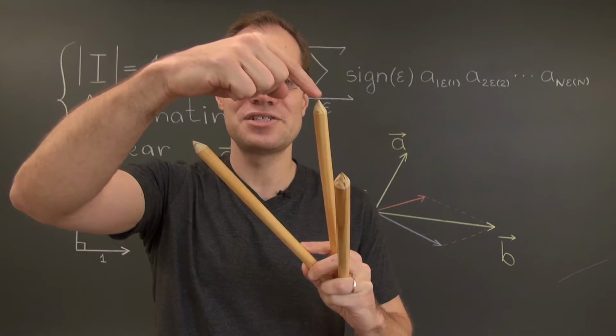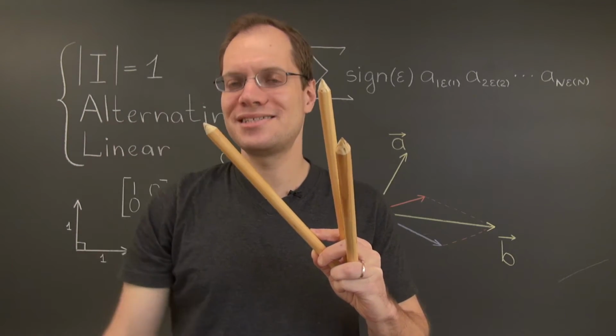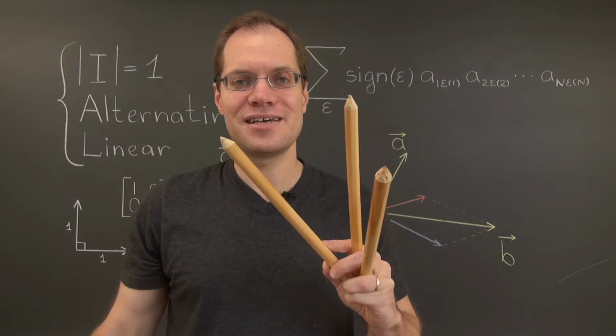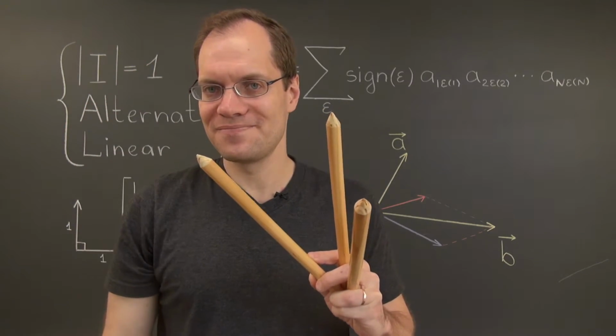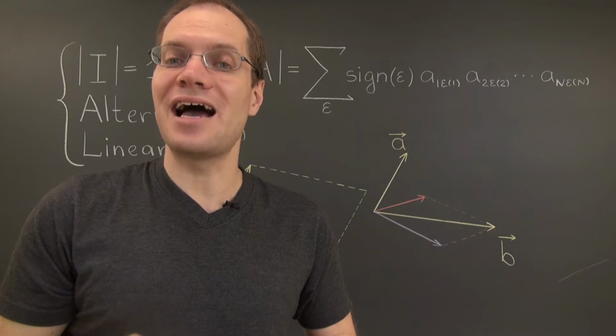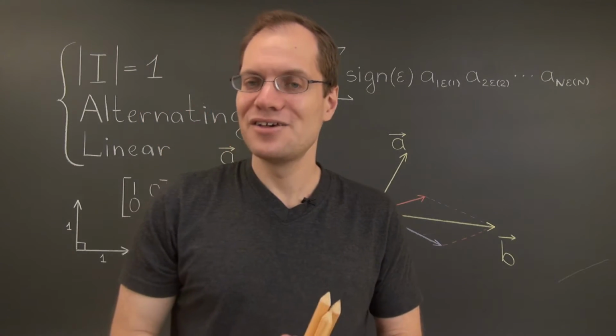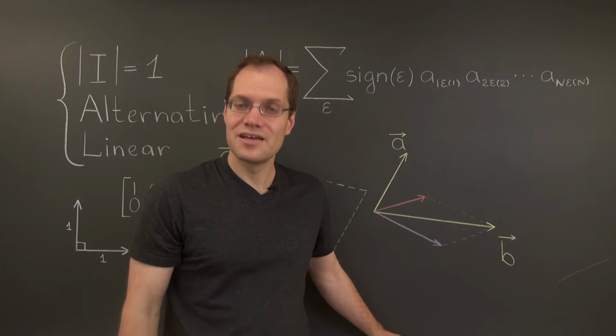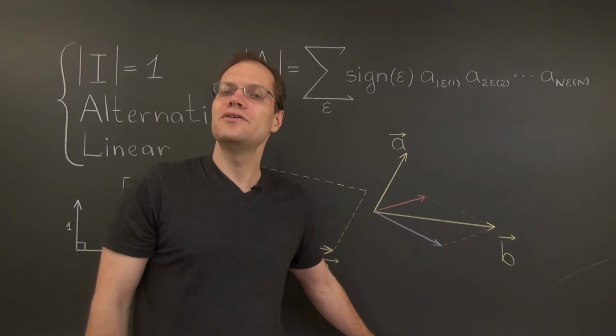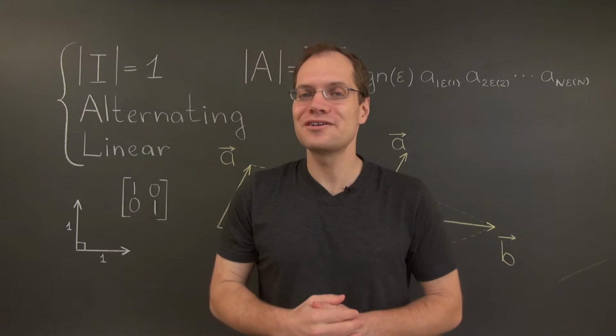So now let's call this one first and this one second. And now all of a sudden, this set points in the clockwise direction, and therefore the associated signed volume is negative. So we see that in 3 dimensions, signed volumes change sign when you reorder the vectors.